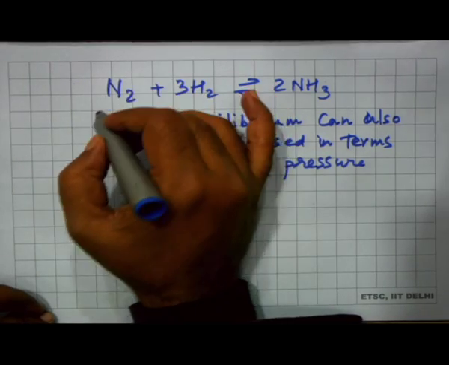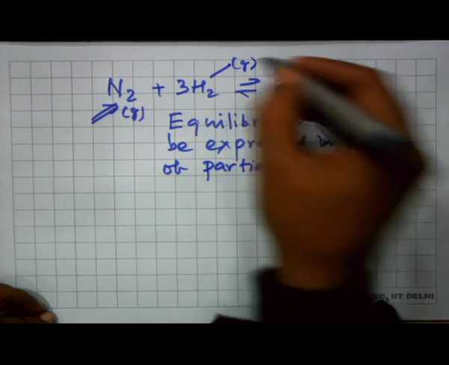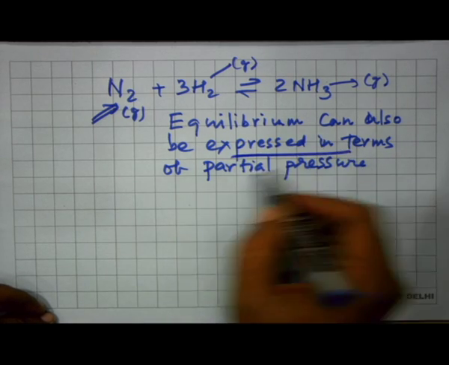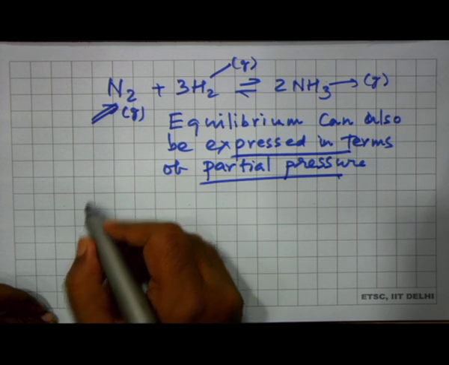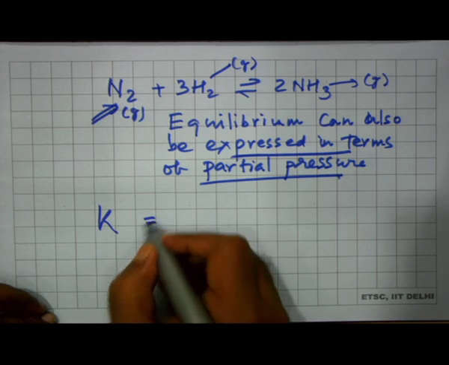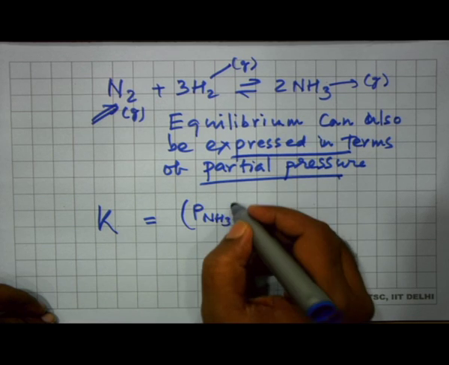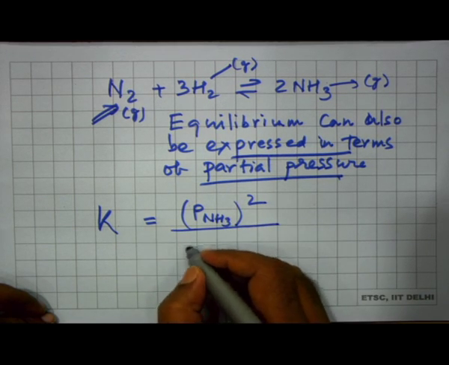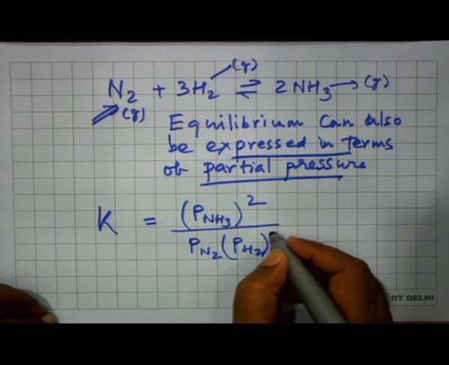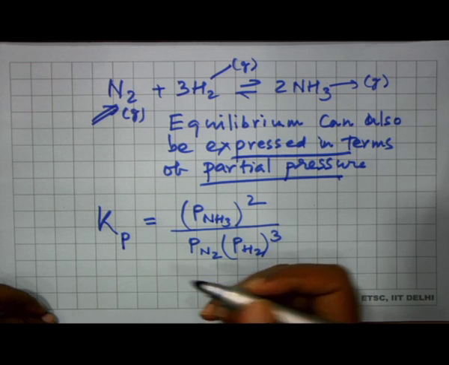Since all these three components, N2, H2 and NH3, are in gaseous form, equilibrium can also be expressed in terms of partial pressure of various gases. So, for example, in this reaction we can write K is equal to the partial pressure of ammonia squared divided by the partial pressure of N2 and the partial pressure of H2 to the power 3, and that K is called Kp.